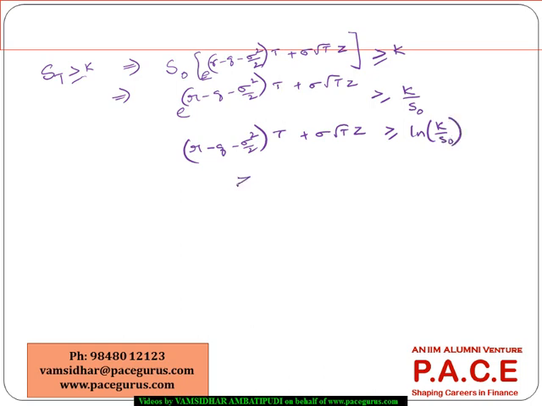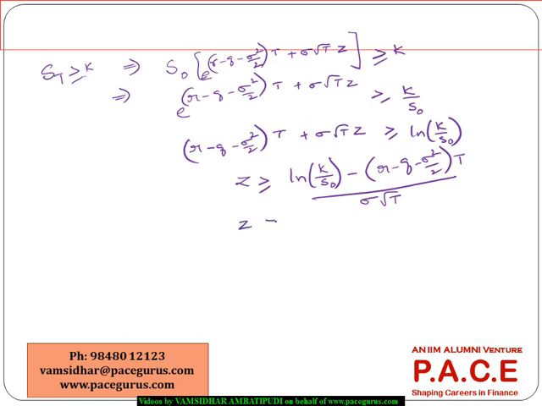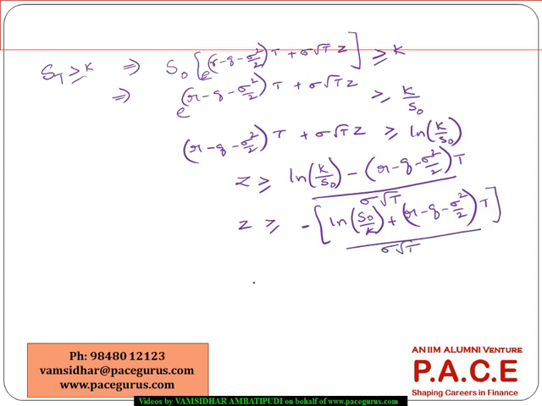Now from here I am establishing it for Z. Z is greater than or equal to log K by S naught minus (R minus Q minus sigma squared by 2) times T, divided by sigma root T. The other way I can write it, taking the minus out, is log S naught by K plus (R minus Q minus sigma squared by 2) times T, divided by sigma root T, which is actually Z greater than or equal to minus d2.